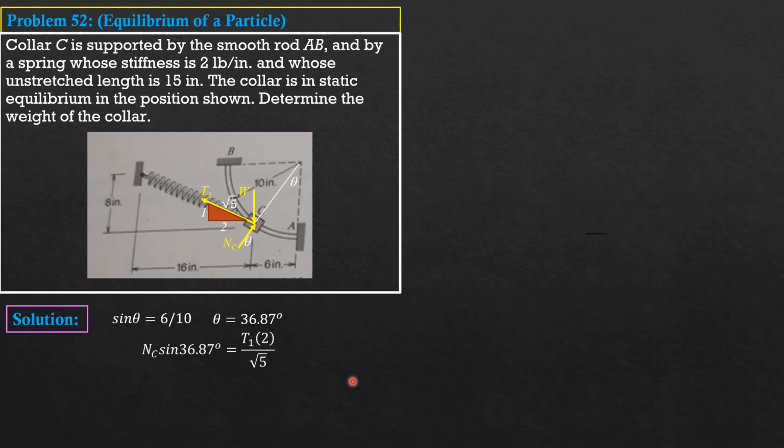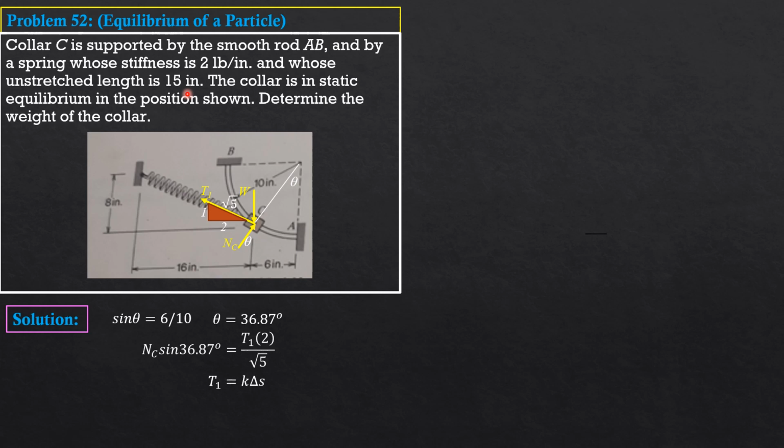Then T1 is stiffness times change in length. The change in length is the final length, which is square root of 16 squared plus 8 squared, minus the unstretched length L0 of 15.